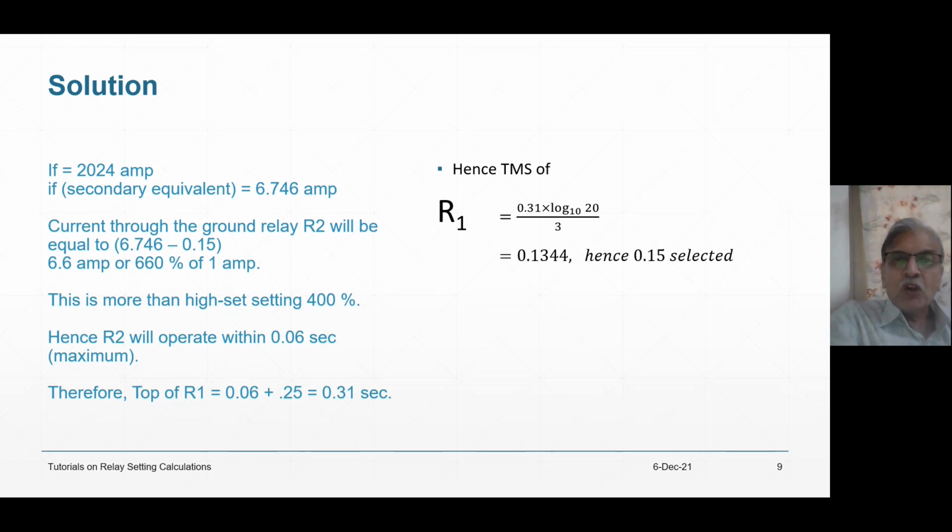Why log 1020? Because what is going to be PSM of R1? The fault current is the same, 2024 upon 300. So it is going to be 6.746, minus 0.15, 6.6. Now 6.6 is not 660% of 1 ampere. 6.6 is the current through R2.